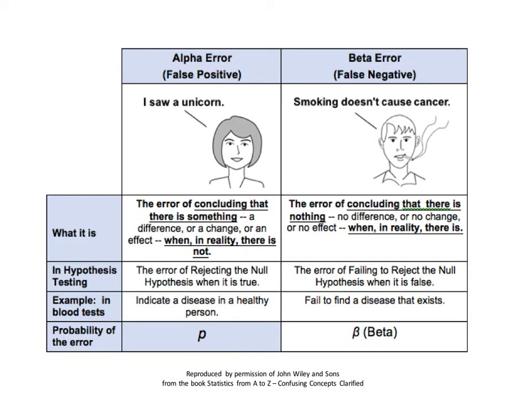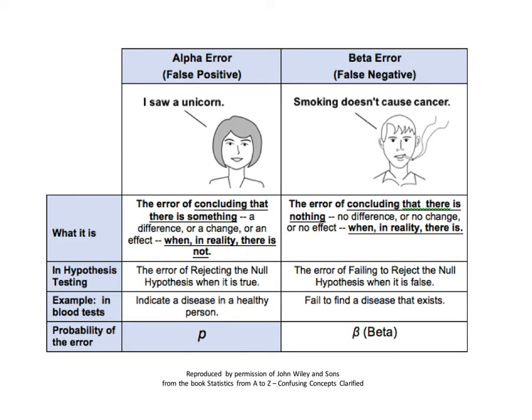In hypothesis testing, an alpha error is the error of rejecting the null hypothesis when the null hypothesis is true. The null hypothesis states that there is no difference, change, or effect. If the null hypothesis is true, then there is no difference, no change, or no effect. In that case, if our test concludes that there is a difference, change, or effect, then that would be an error, a false positive, an alpha error.